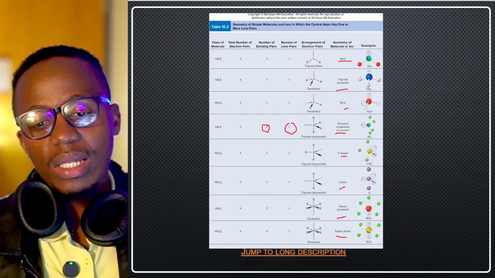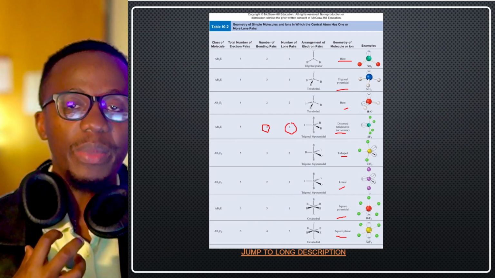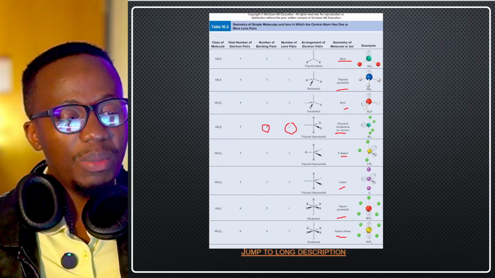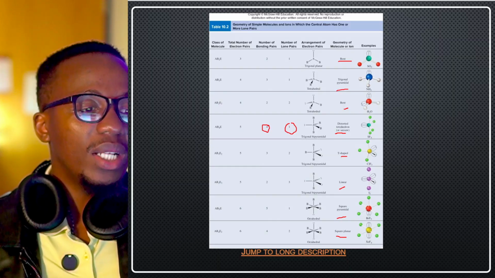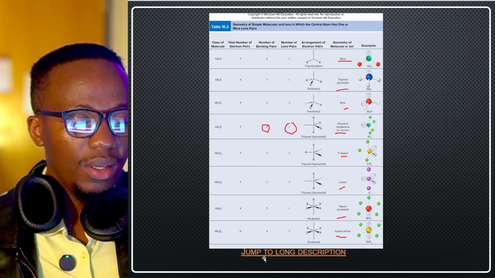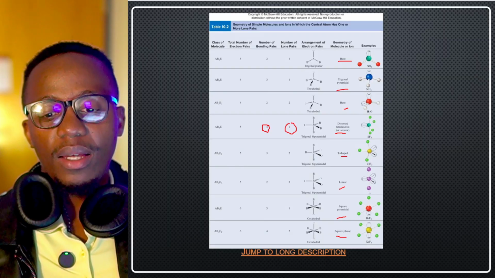I have all of them in a table for you to be able to tell me for any geometry that I give you, whether it has a pair or not. You should be able to tell me what is the electron geometry, then what is the molecular geometry, what are the angles, what is the name of the geometry.